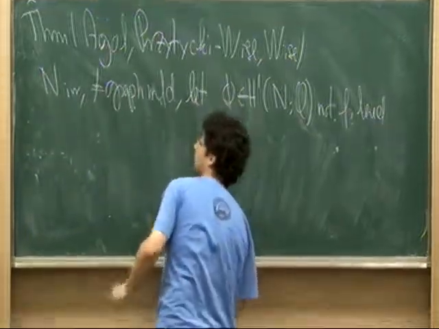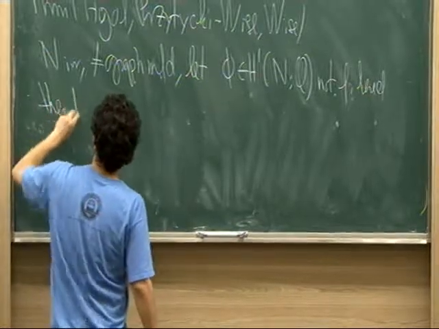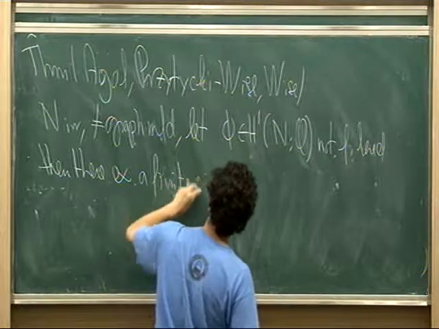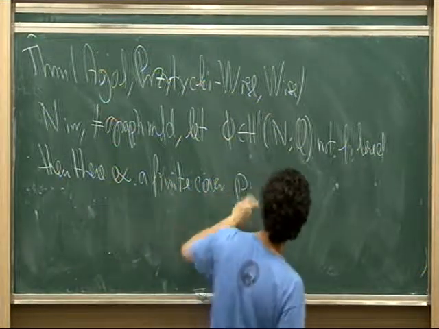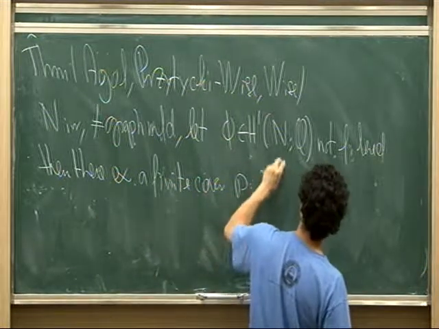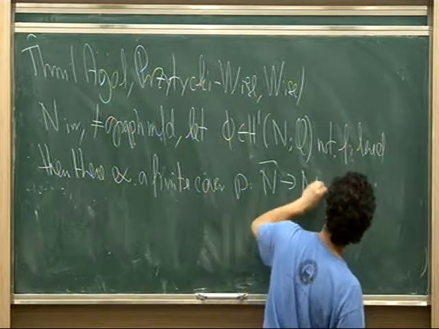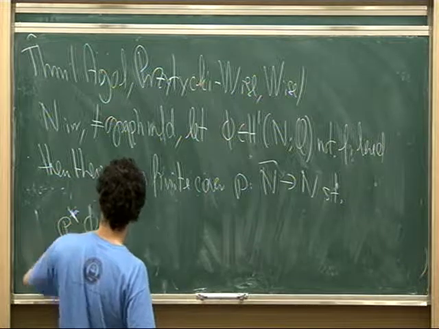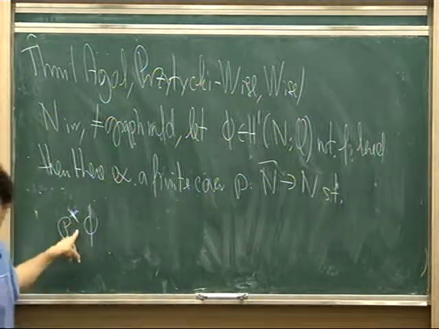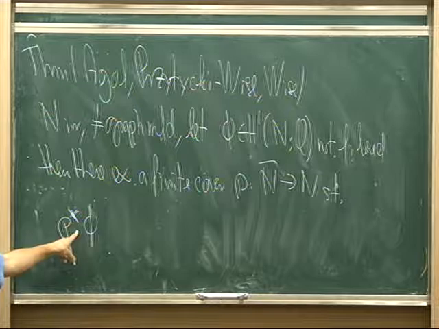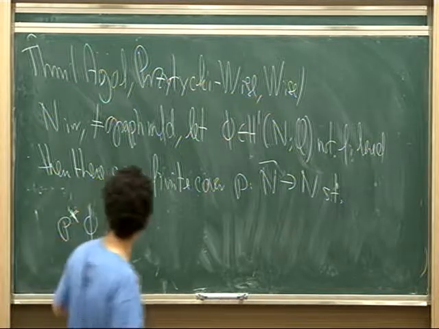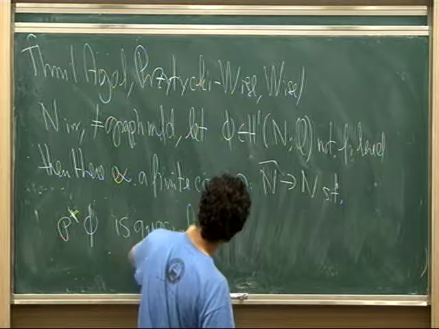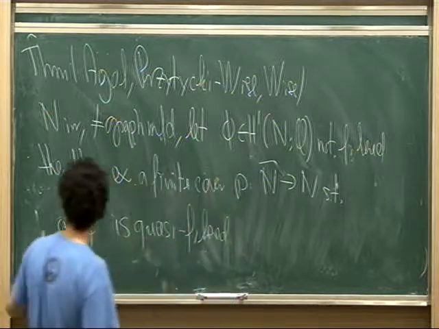Namely, there exists a finite cover p from N tilde to N such that the pullback of my non-fibered class phi, which I said cannot be fibered, is quasi-fibered.